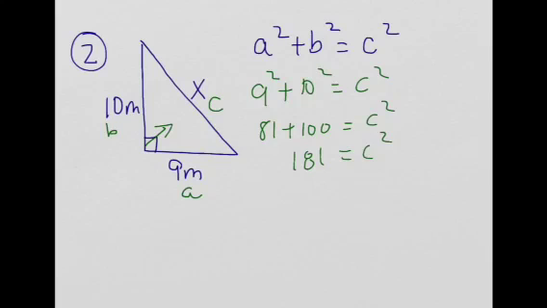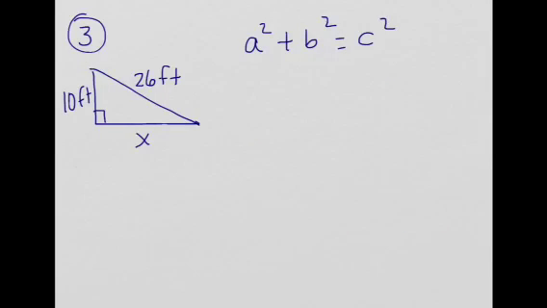Is the variable on the left? No, so we're going to post-it note it. C squared is equal to 181. Take the square root of both sides. So c is going to be equal to 13.5 meters.